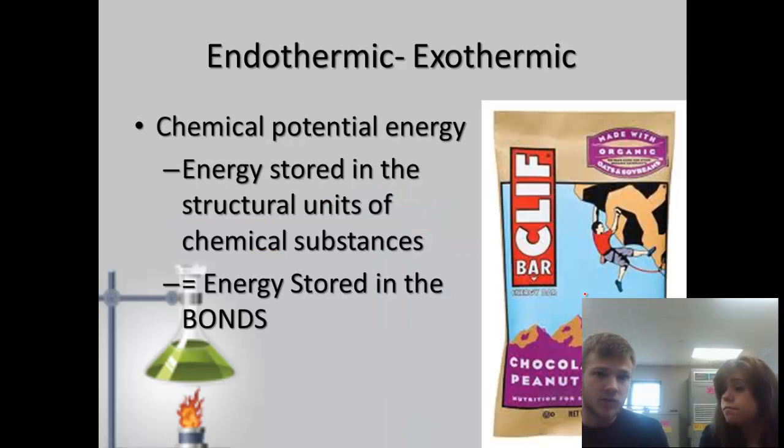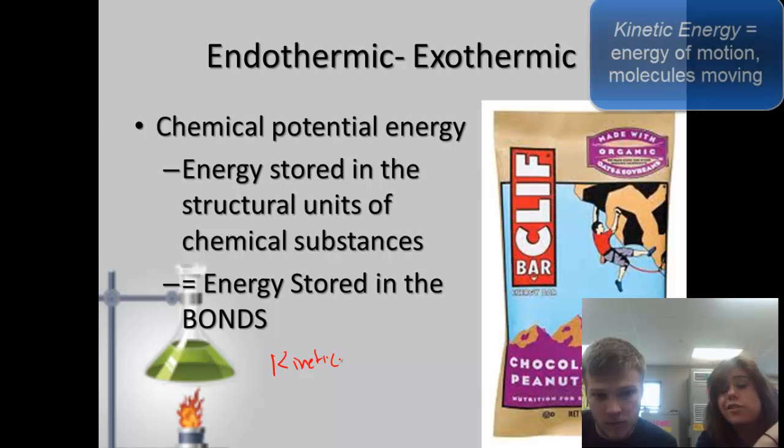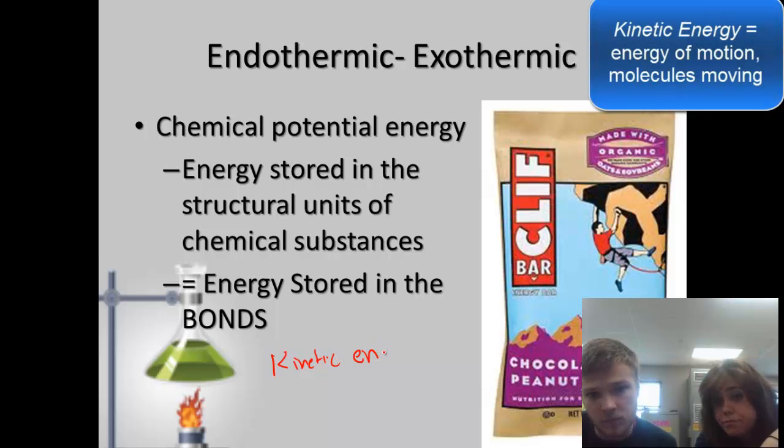Another definition: there are a couple different types of energy. Chemical potential energy is energy that is stored in little tiny bonds. A little bit of sugar in here will give me a sugar high, and then I'm going to crash. It's got chemical potential energy. You've heard about kinetic energy before, which is the energy of motion.